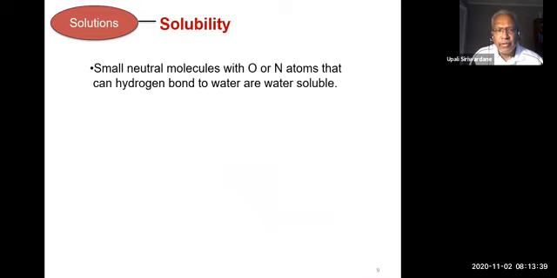Small neutral molecules with oxygen and nitrogen atoms that can hydrogen bond to water are water soluble. For example, water, ammonia, and HF are compounds with oxygen and nitrogen atoms. They form hydrogen bonds with water molecules. Therefore, they are alike in certain ways, forming hydrogen bonds between each other. So they are soluble.